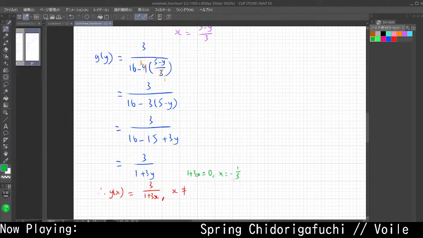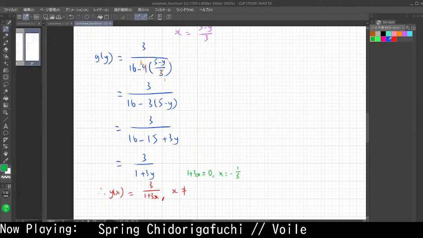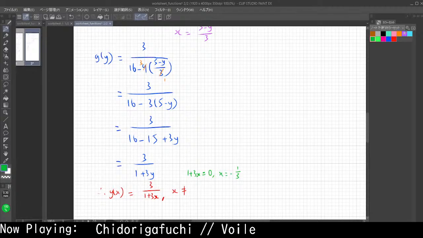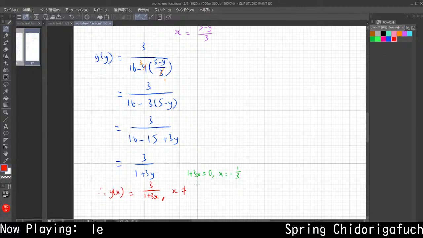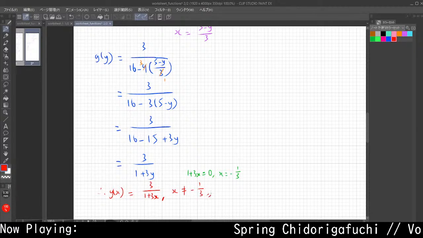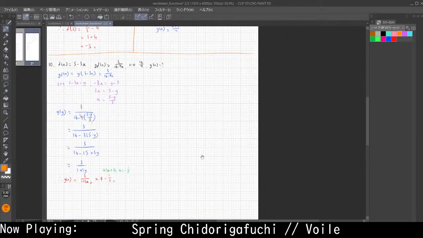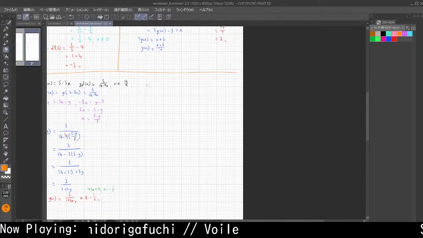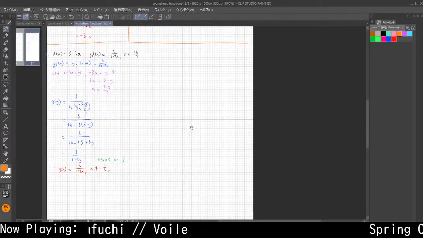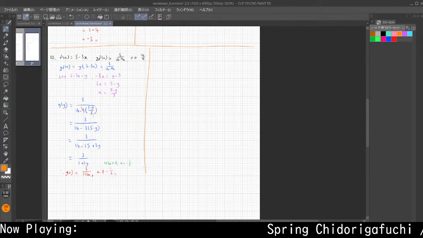If your denominator is 0, x will be equal to negative 1 over 3. Therefore, x cannot be equal to negative 1 over 3. Okay. I need to keep it short and simple. I'm talking a bit too much. Let's just keep it short and simple.